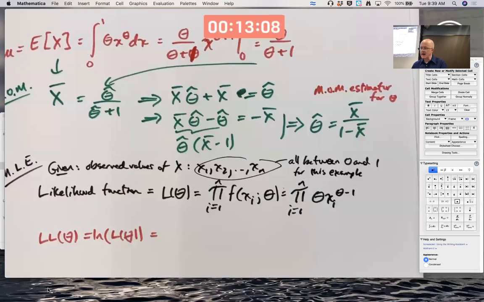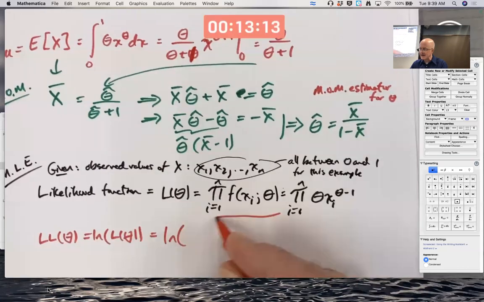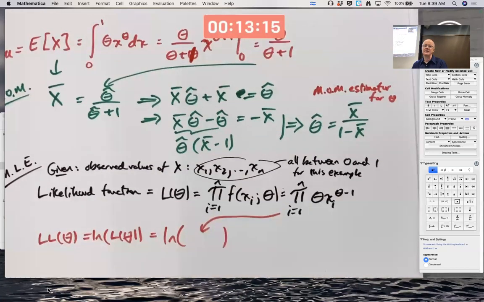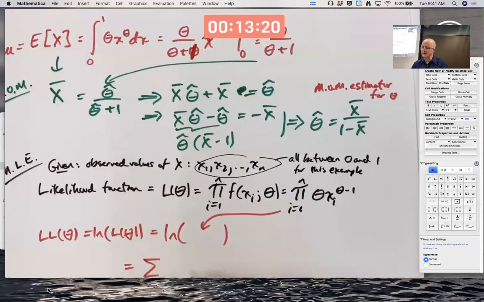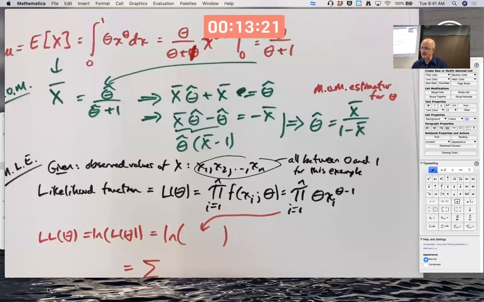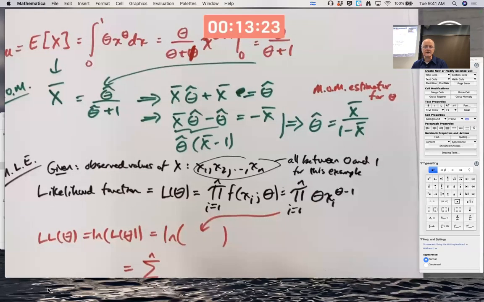So I'm taking the log of that product, ln of this thing. By properties of logs, that's going to be the sum of logarithms of these things, because the log of a product is the sum of the logs.